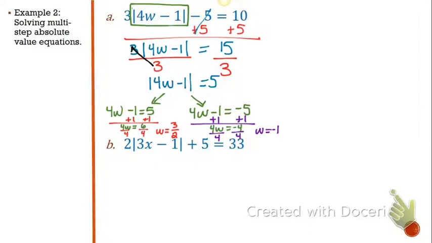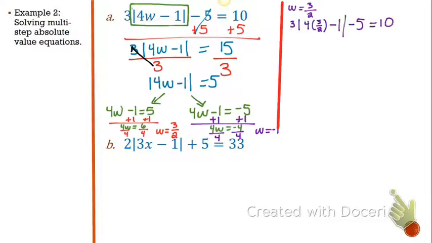Don't forget that we have to check our solutions, and I'm going to do it on the side. The first one is W equals 3 over 2. Okay, so we have 3, and then the absolute value of 4 times 3 over 2. So don't forget that this is the same thing as 4 over 1. So let's go ahead and multiply across.